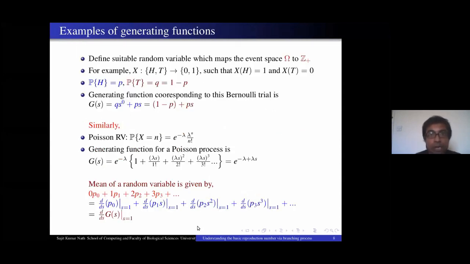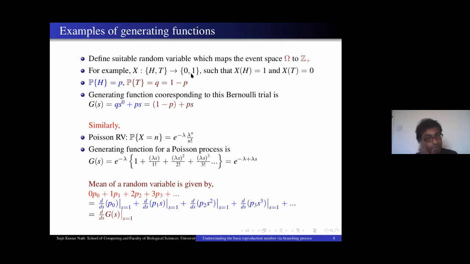Okay, so how to construct the generating function for an integral valued random variable? First of all, for an integral valued random variable, the probability space omega contains the discrete points, and random variables are nothing but a mapping from the probability space to the real number line.